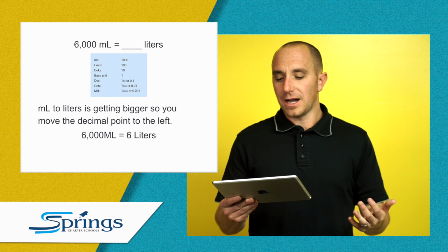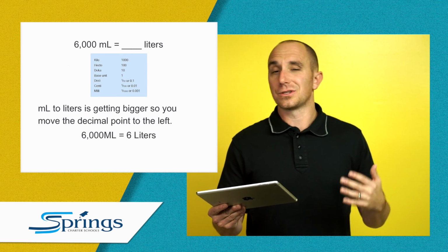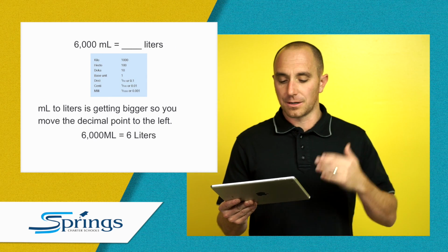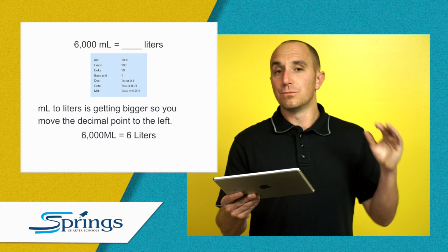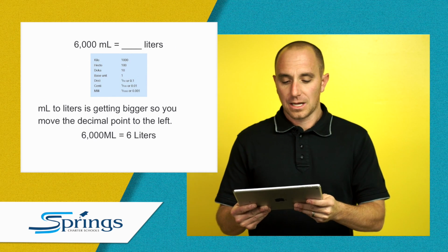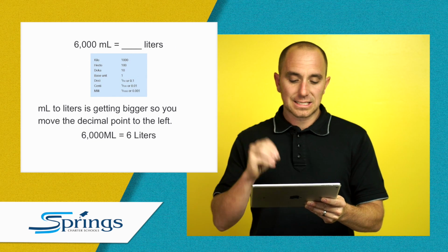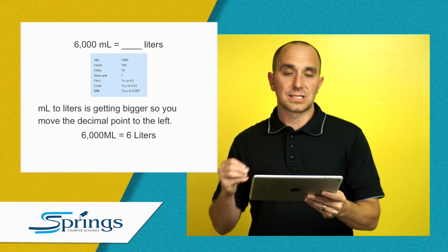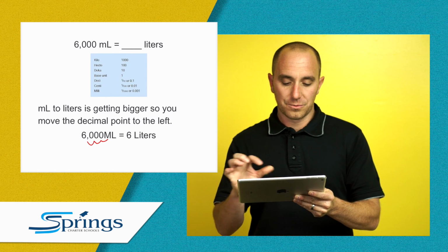Now, you can divide if you choose. Milli was a thousandth, so you can divide by 1,000 if that makes it easier. But when you're going from milliliters to liters, it's getting bigger, so you can move the decimal point to the left. You can see that 6,000 milliliters is equal to 6 liters, because I just moved my decimal point 1, 2, 3 spots.